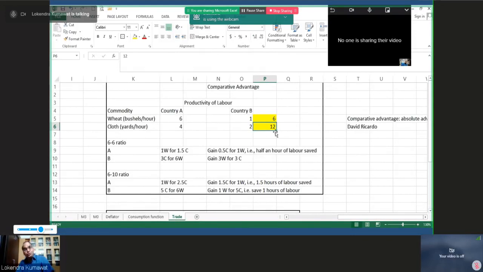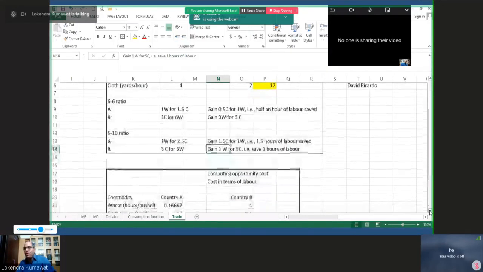And the closer it is to 12, the more gainful it will be to country A. We have seen in this case it is 10. Gain of country A is 1.5 hours worth of cloth, but gain to country B is only 1 hour worth of wheat. Okay, so this is about the theory of comparative advantage.